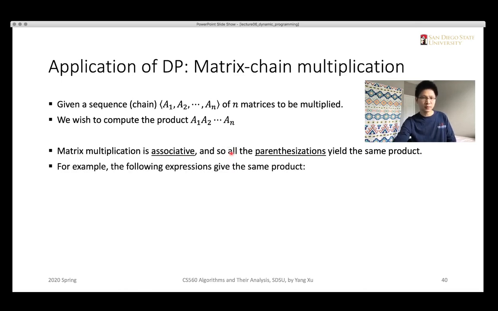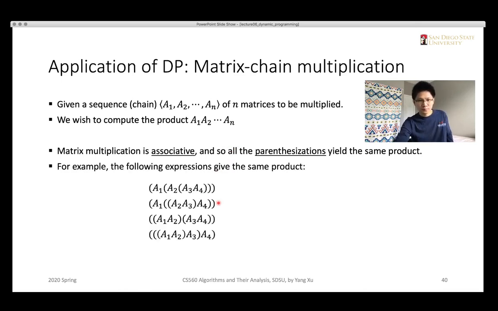Say in this example, if we have 4 matrices from A1 to A4 that we want to multiply, maybe we can multiply A3 and A4 first, like the first row indicates, and then multiply A2 with the result of A3 times A4.